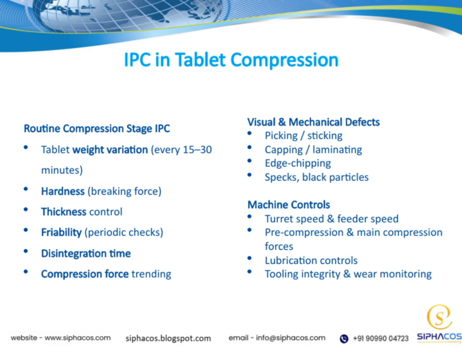Disintegration time is another critical parameter, especially for immediate-release formulations, ensuring the tablet dissolves properly. Finally, trending compression force over time is a valuable way to detect machinery issues before they impact quality. Incorporating IPC into our tablet compression process allows us to continuously monitor these critical parameters, helping us maintain high standards and consistent product quality throughout production.